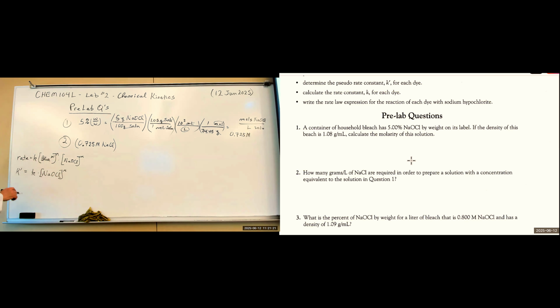Okay. So now we can write our rate equation like this. Rate for the full strength hypochlorite is K prime times the blue. Now we have one variable, and we can assess that. But then we have to do it for, well, you can use any strength, but we're going to use half strength. And that's equal to, and this is K prime for the full strength.